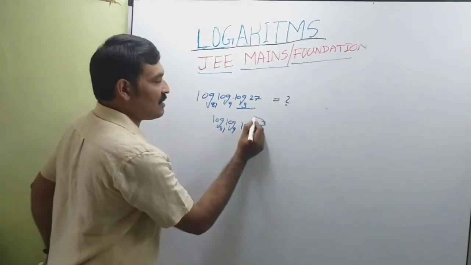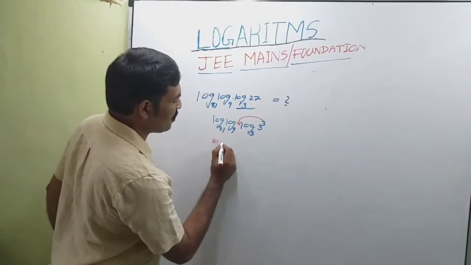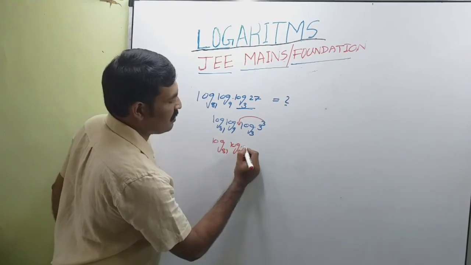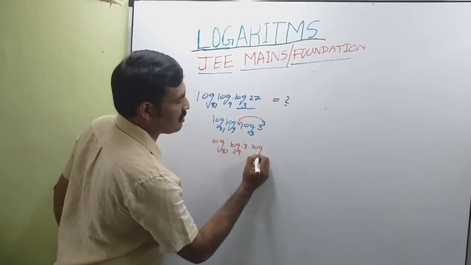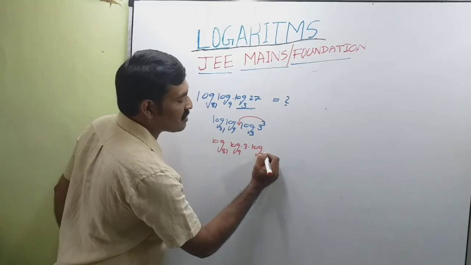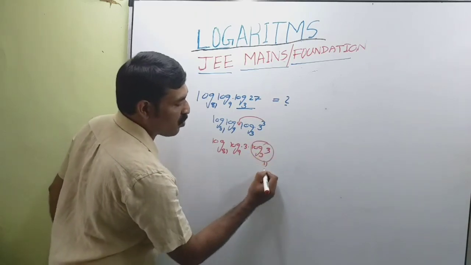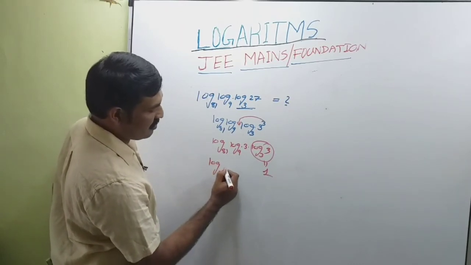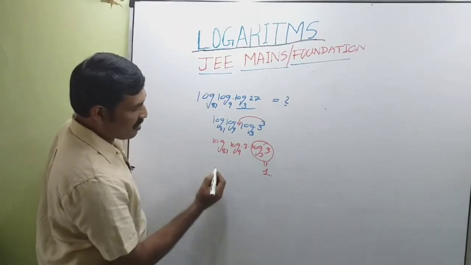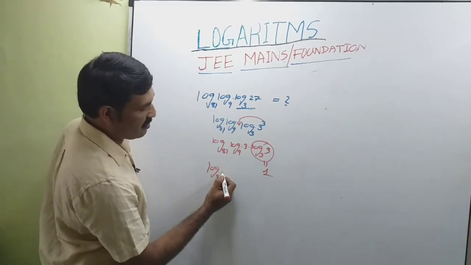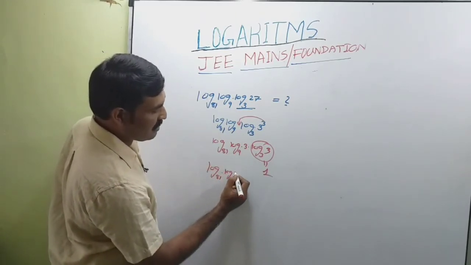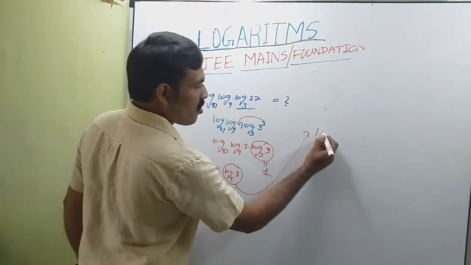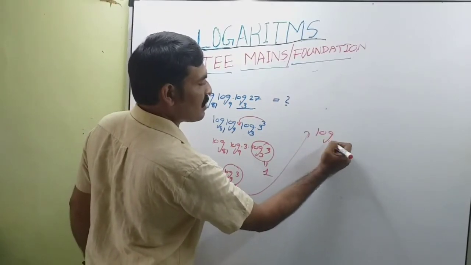Now this 3 jumps to the front, so this becomes log base 81 of log base 9 of 3 into log base 3 of 3, and the value of this is equal to 1. So this becomes log base 81 of log base 9 of 3.